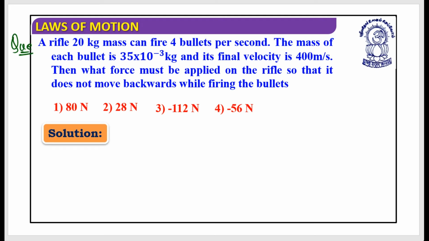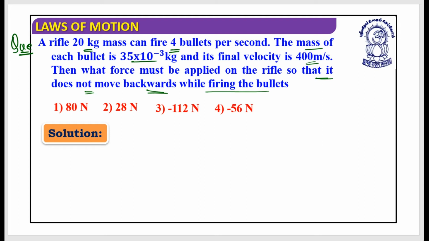Go through the data. It says that a rifle of 20 kg mass can fire 4 bullets per second, and the mass of each bullet is 35 into 10 to the power minus 3 kg, and its final velocity is 400 meter per second. Then what force must be applied on the rifle so that it does not move backwards while firing the bullets?